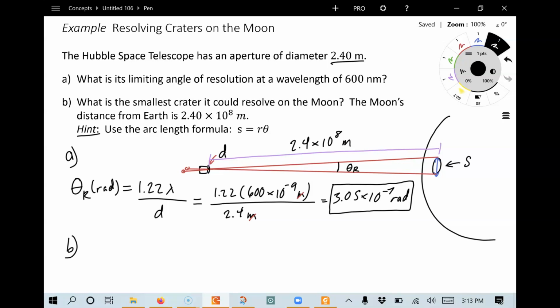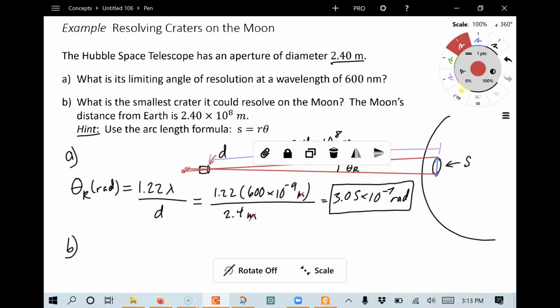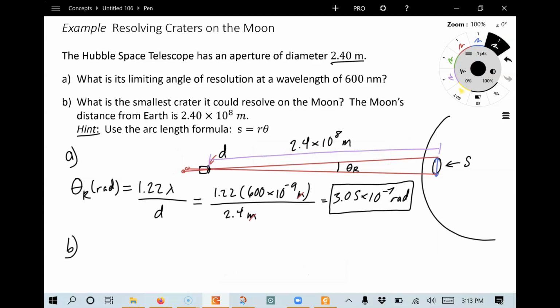We can imagine that if this is the center of a circle, and this is the edge of the circle, this is like an arc length, S. That arc is a little bit curved, but look at how small this angle is. It's so tiny that that section is going to appear essentially straight. So we can use this arc length formula where if I multiply the radius times the angle in radians, I'm going to get the arc length S.